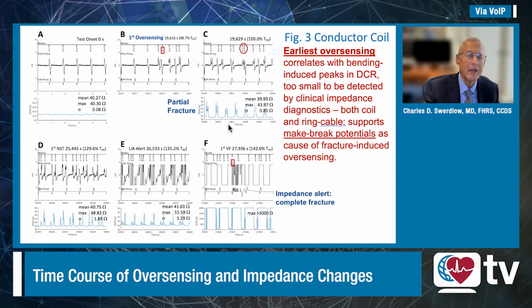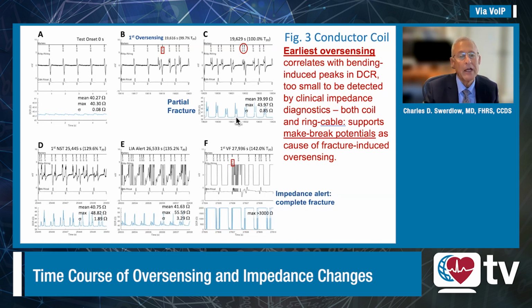The second implication is that it would be great to have a more precise measurement of impedance in our devices. Now, our devices already measure shock impedance to plus or minus 1 ohm, or even a little better in some devices. But there's no defibrillator that measures patient impedance to an error of less than 10 ohms.